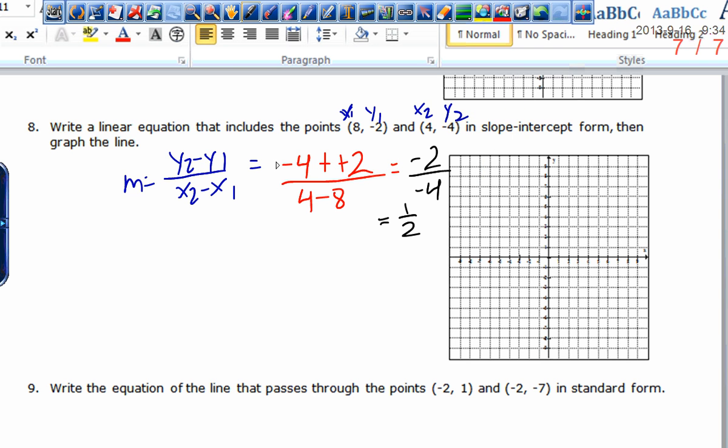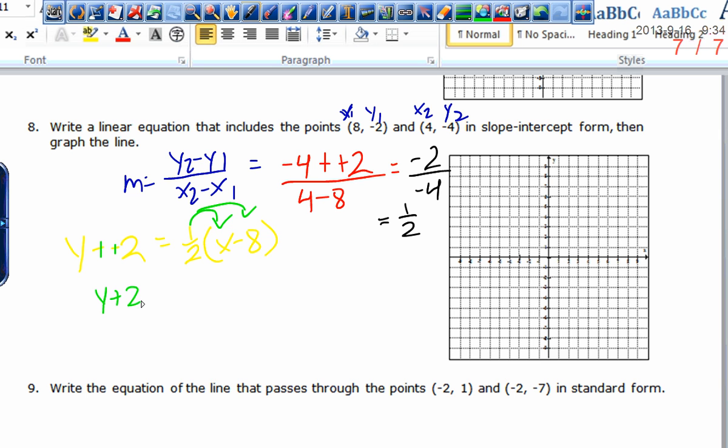And from here I'm going to do the same thing. So y minus -2 equals 1/2 times x minus 8. And yes, the minus and the negative make a plus. And what did I do last time before I moved step over? Distribute.